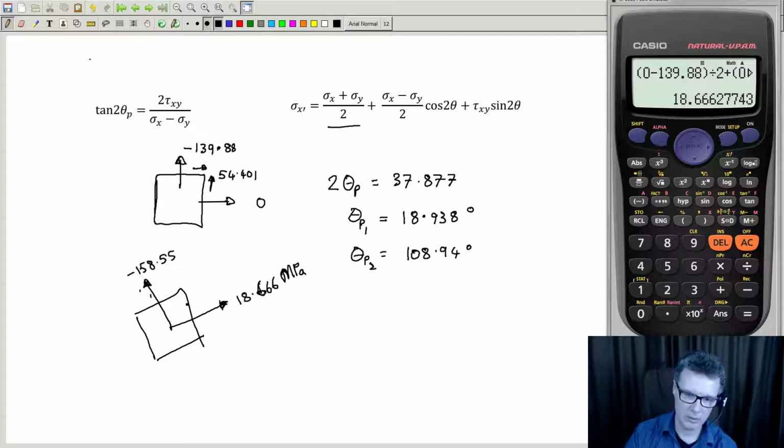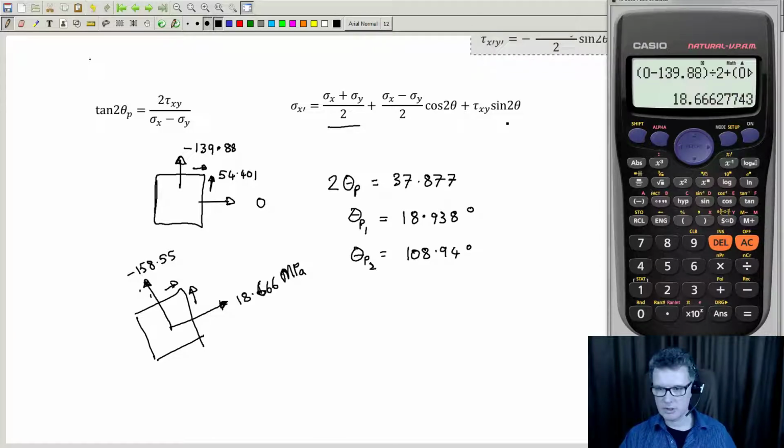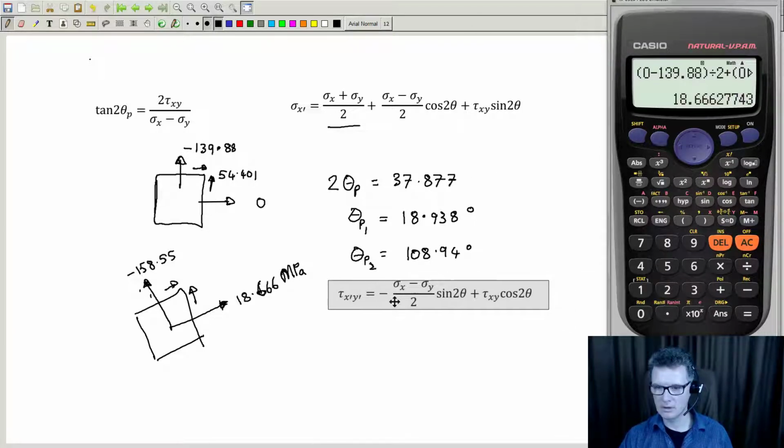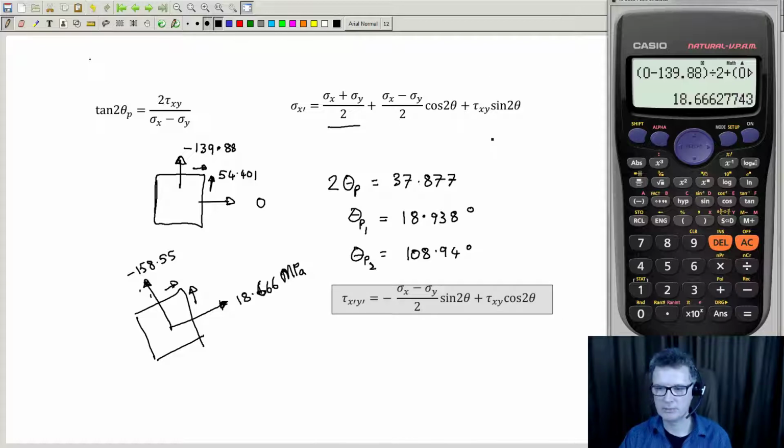Okay, and then we want to find the shear state at that point. So we will be using the last formula on our formula sheet.